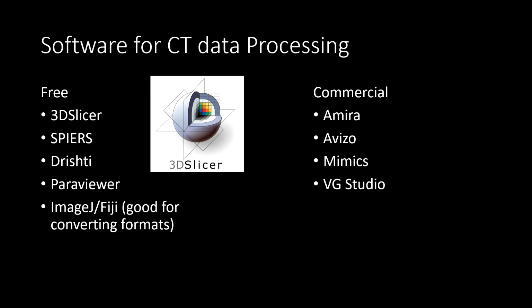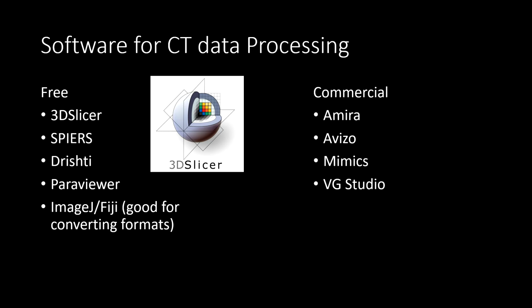The one downside of Slicer is that it requires a lot of RAM or computer memory in order to use correctly. So if you don't have access to a powerful computer, that's when you might want to start looking to, I would say, either SPIERS, which is paleontology specific, or Drishti, which is a more general CT viewing and processing application.